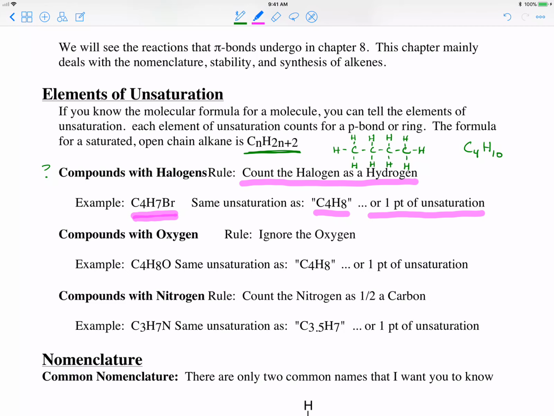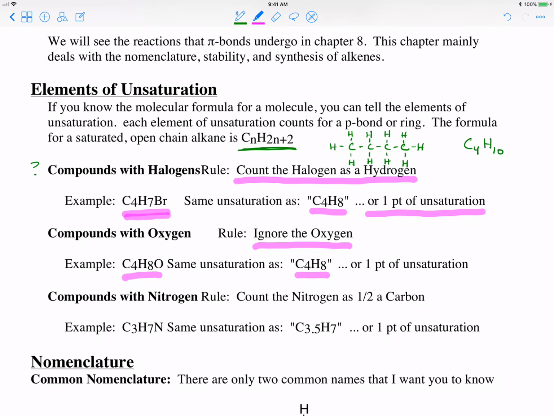What do you do with oxygens? Well, what we do with oxygens is we ignore them. I'll give you an example of that. C4H8O is going to behave the same as C4H8. So if I take C4H8, 4 carbons, and let's say I put a double bond in there.